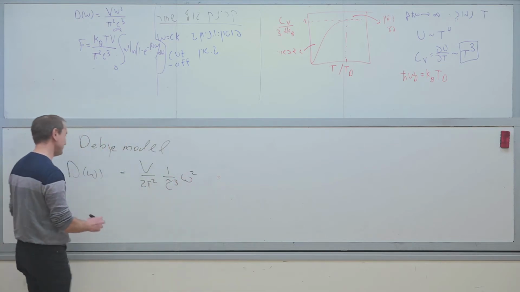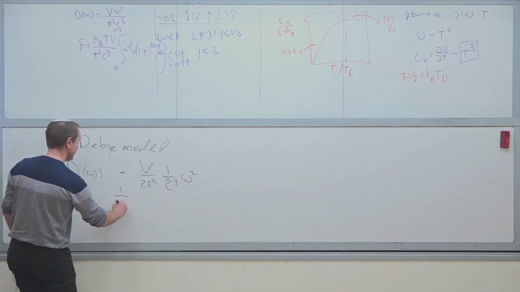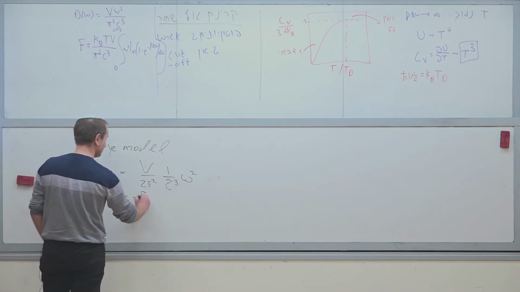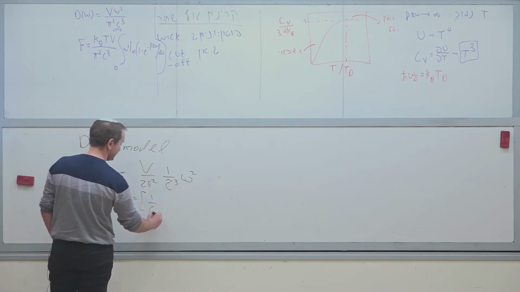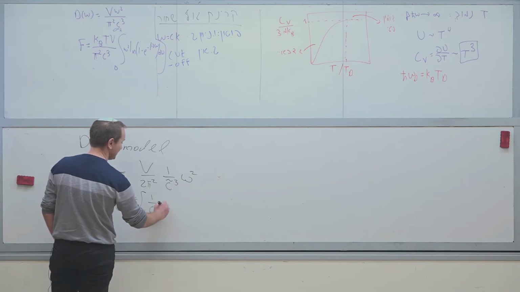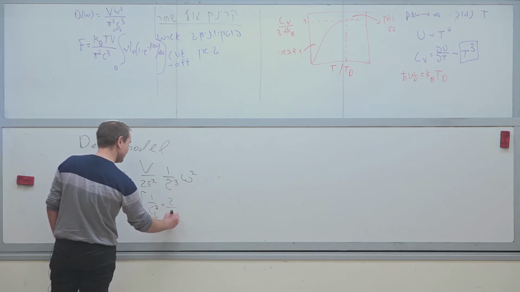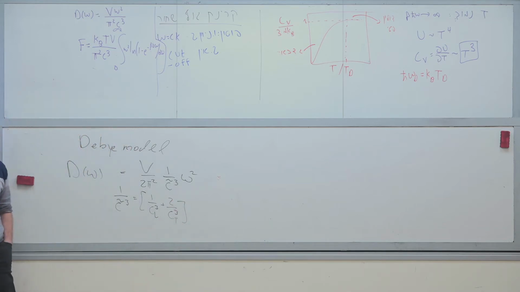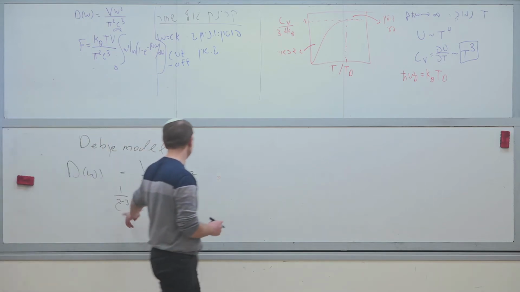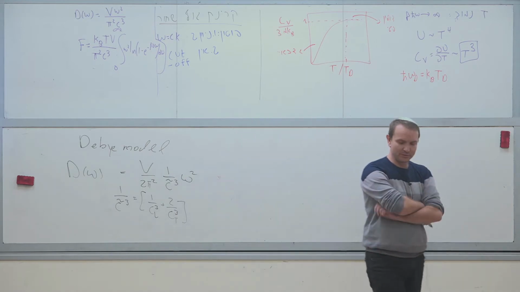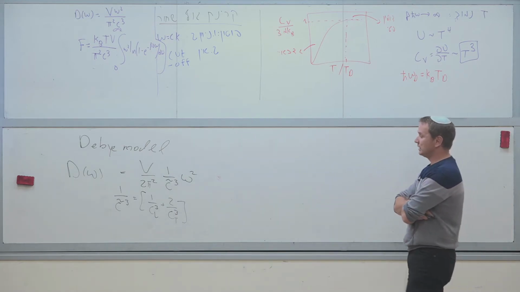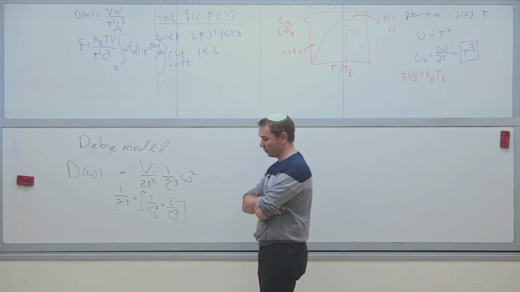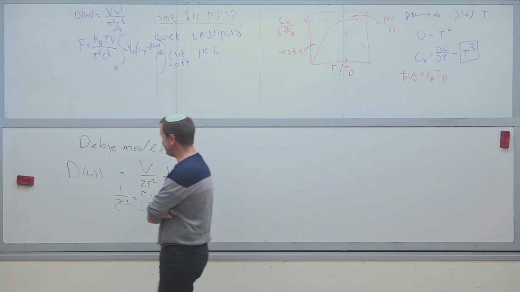I'm just reminding you that 1 over c tilde to the third was 1 over c longitudinal to the third plus 2 over c transversal to the third. So this is the 1 over the third power of the effective speed of propagation of those waves.